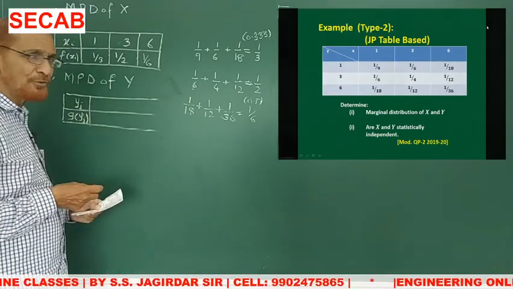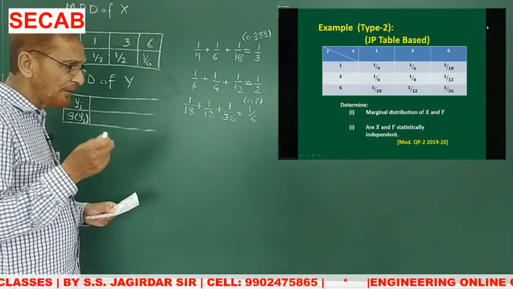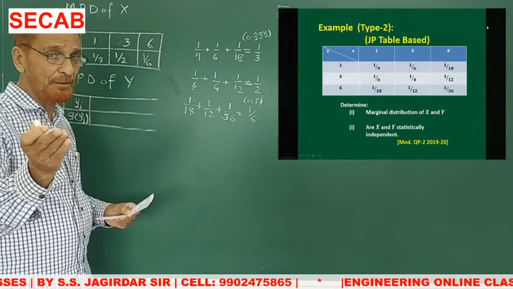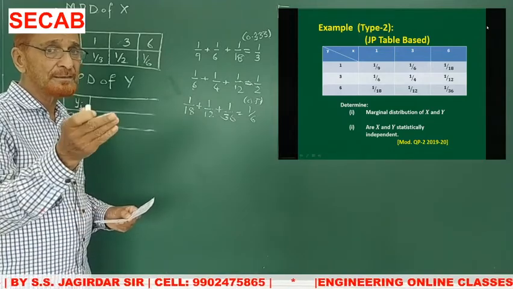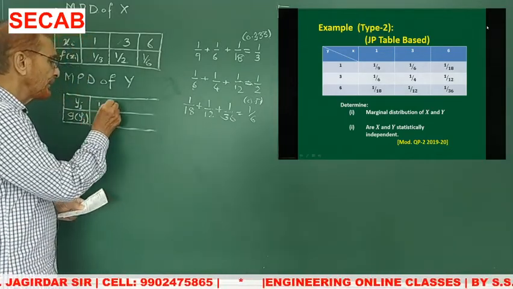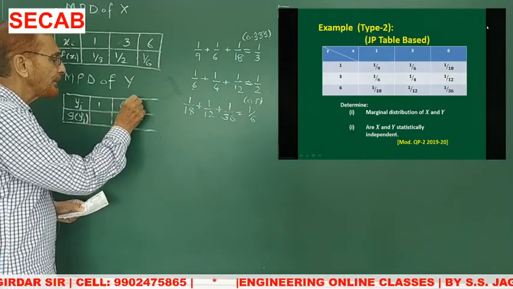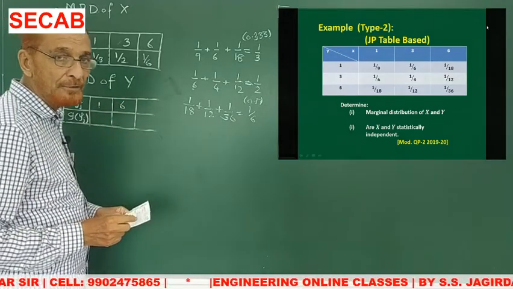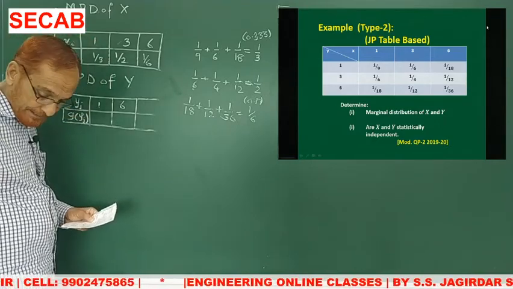The values of y are listed in the table, and you can see very easily that the values are 1, 3 and 6.